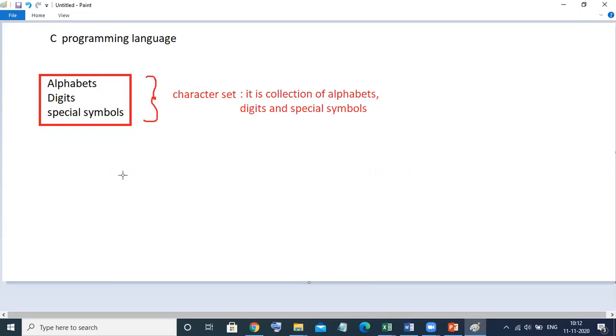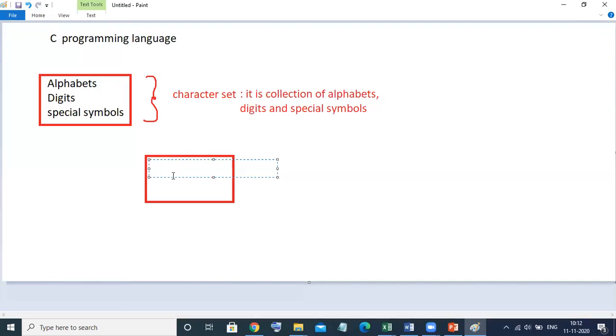Like in the English language, we have seen words are the second stage. Here the second stage would be, after learning alphabets, digits and special symbols, we must go on to learn what is meant by keywords, then variables and constants.